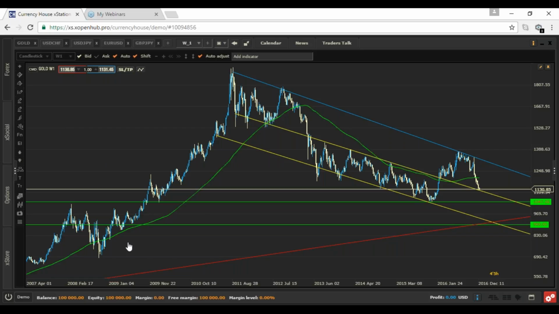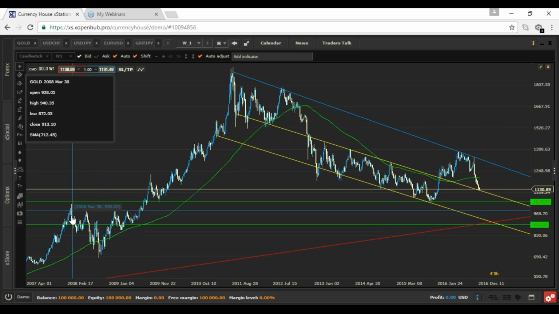So as you can see from this history, from this chart, take a look at this year. This is the year 2008, and I'm sure that most of you remember the financial crisis worldwide. You can see the very strong trend that started from 2008, and one of the main reasons for that growth in the price of gold is that lots of investors were afraid to invest money in risky assets.